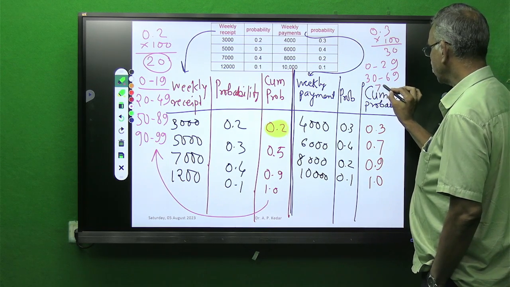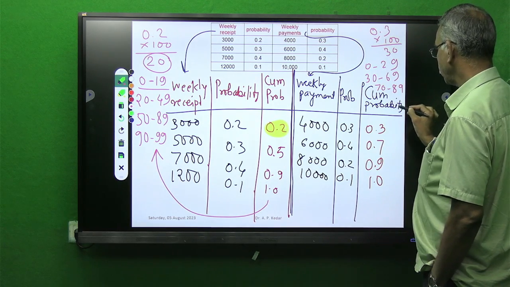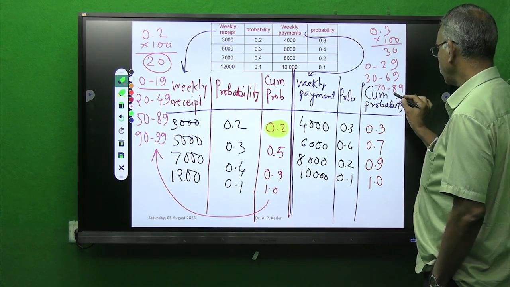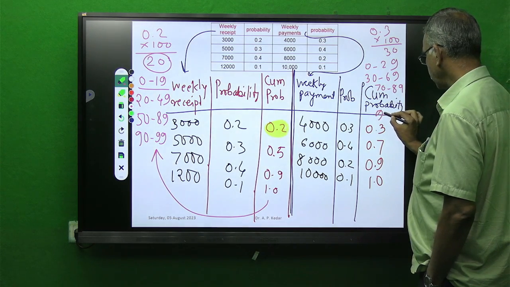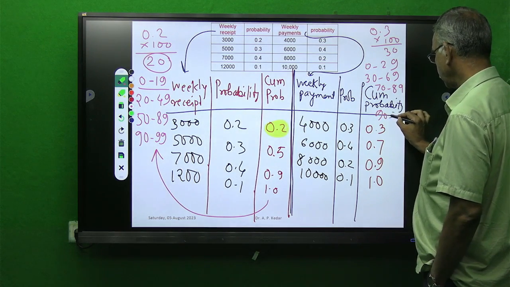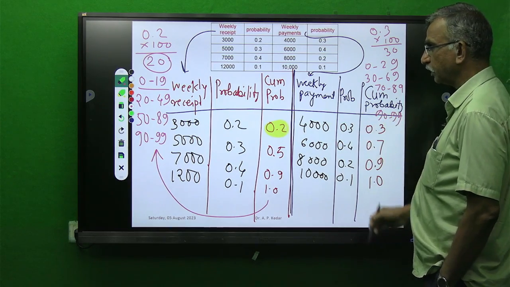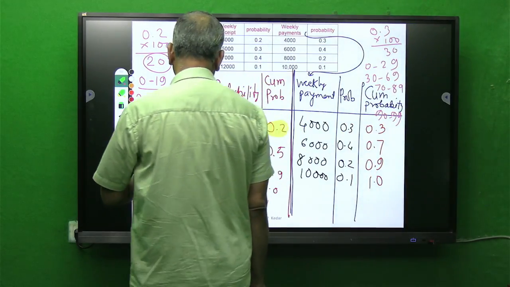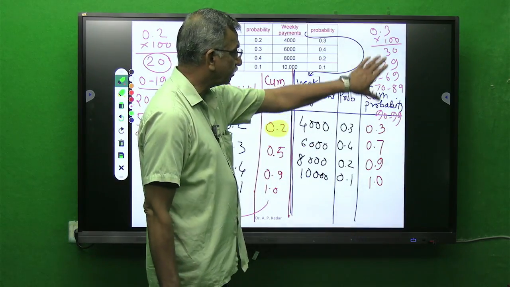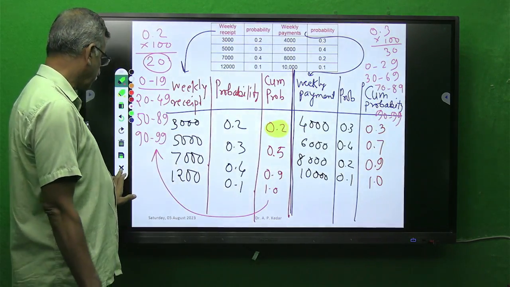Then 70 to 89, and last will be 90 to 99. So here, for your understanding, I have written. We'll see this in detail in next slide. Only to have clarity that how range will be calculated, I have explained already.